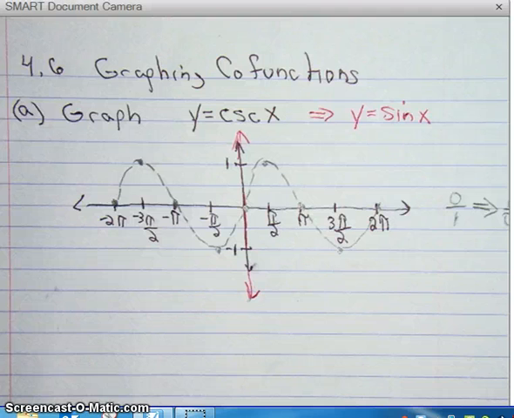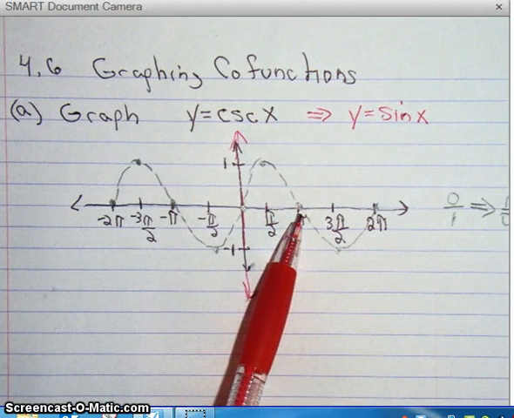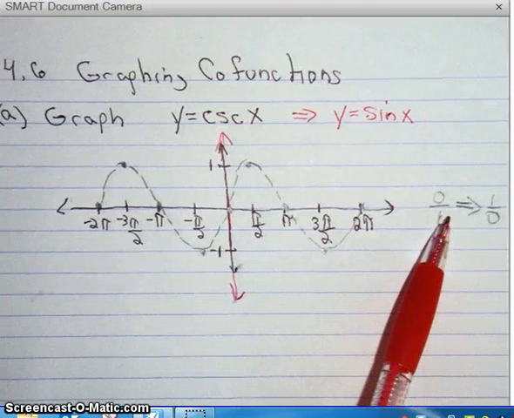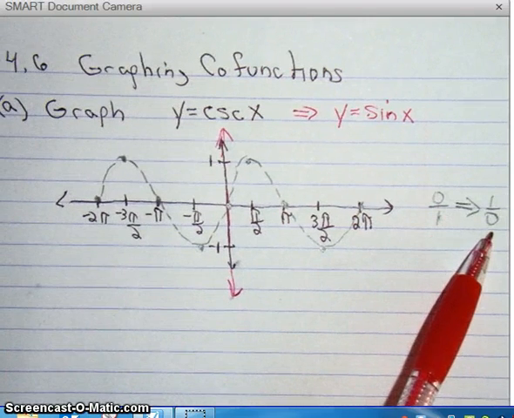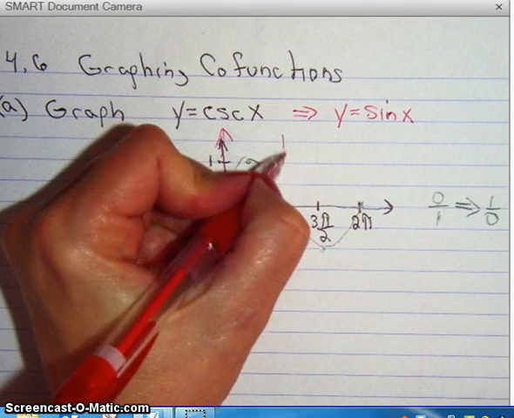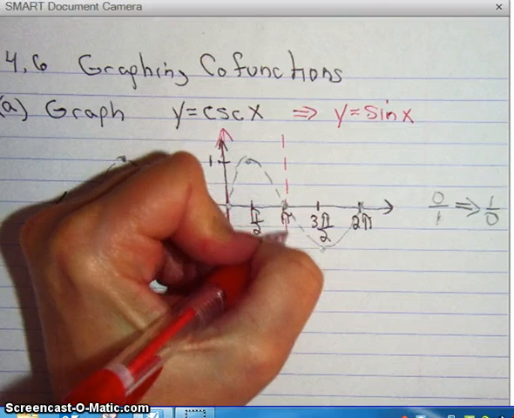Asymptote. Okay, thank you, ma'am. Remy, go to pi on the unit circle. What is the sine, Remy, at pi? 0 over 1. And Remy, what do we get when we flip that over? 1 over 0. Which is another asymptote.